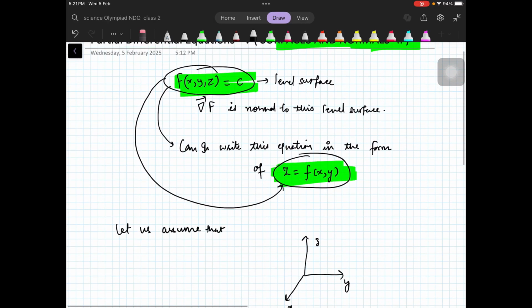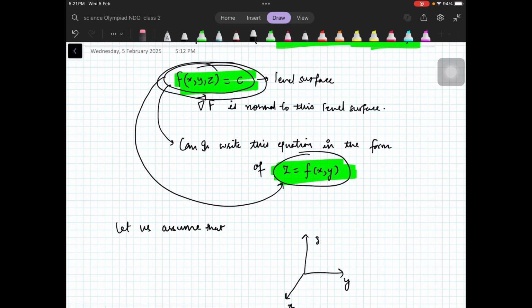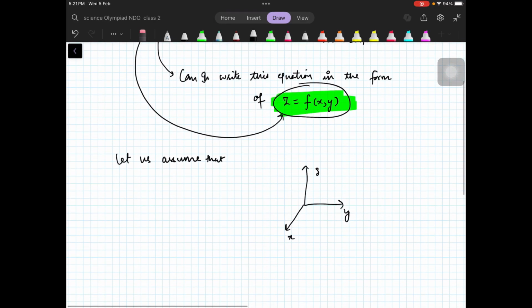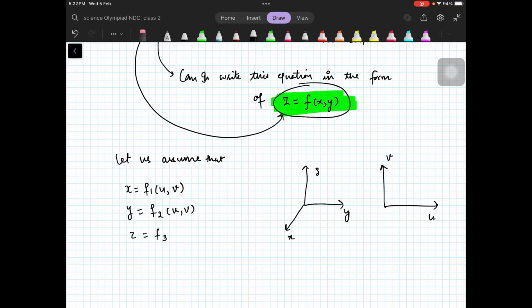And this is actually a surface. So it is a two parametric thing, right? So what we are doing here, suppose there is a space u and v, and suppose x can be written as f1, a function of u and v, y can be written as f2, a function of u and v, z can be written as f3, a function of u and v, right?